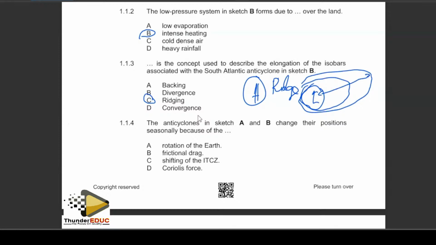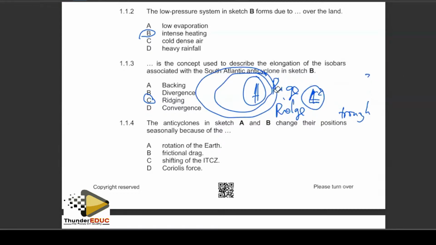They are further spaced away from each other, and there is a low pressure cell here. This will be a trough. But in this instance, we are having a ridge because it's a high pressure cell giving us a ridge. So basically, that's the difference between those two concepts of a ridge and a trough.